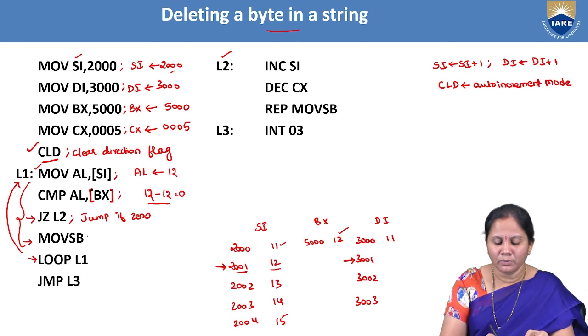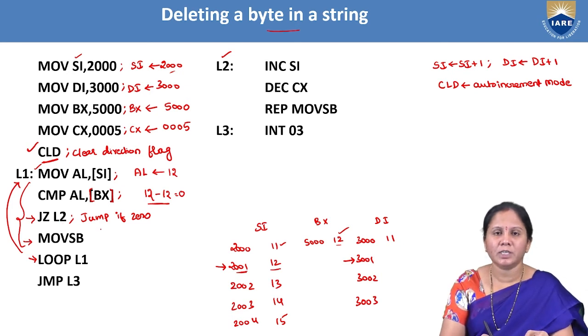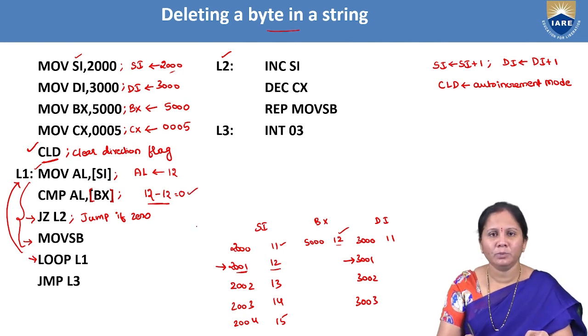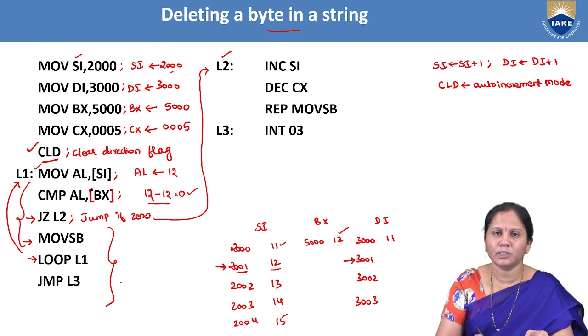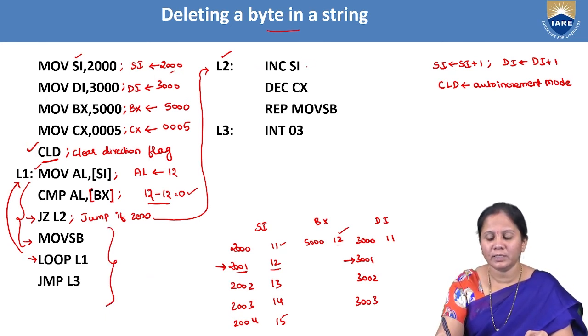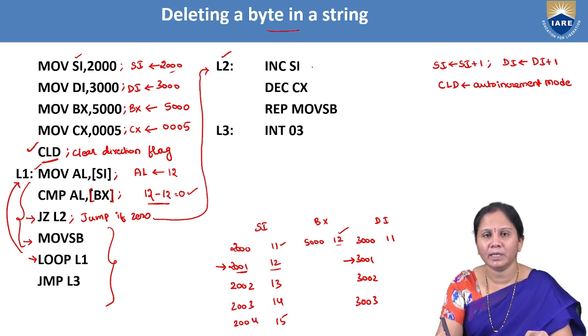Now the next instruction is JZ L2, jump if zero, go to the label L2. Based on the previous result, the value is 0, so the control directly goes to the label L2. These instructions will not be executed. Here the instruction is increment SI, so the SI value will be incremented by 1.